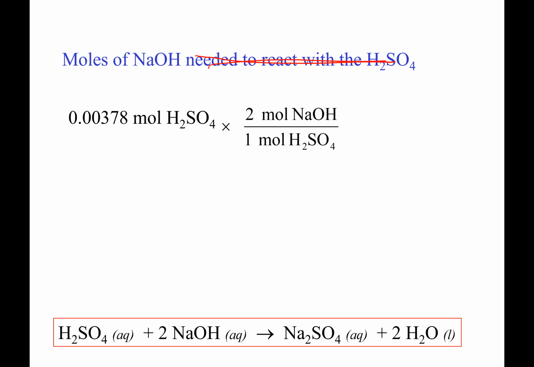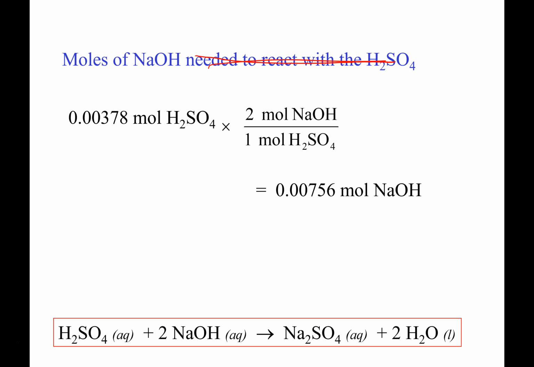Wow. Okay. So how do we round this, Allison? 3 sig figs, exactly, because the 2 and the 1 are exact. Perfect. So you're looking at 0.00756 moles of NaOH. So this would be up to step number 3.